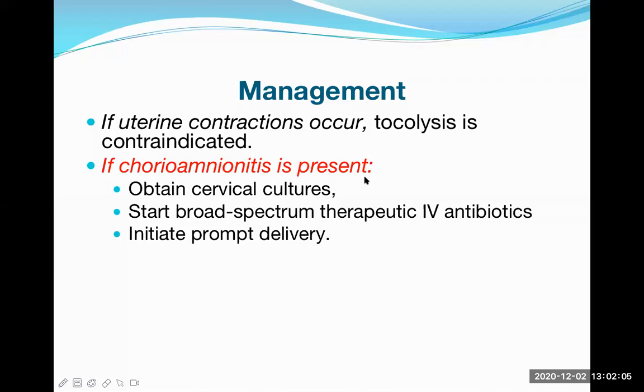If chorioamnionitis is present, obtain cervical culture to find out which organism is responsible. Start broad spectrum IV antibiotics and initiate prompt delivery. Don't delay it. The more delay you do, the more chance of infection in that baby.